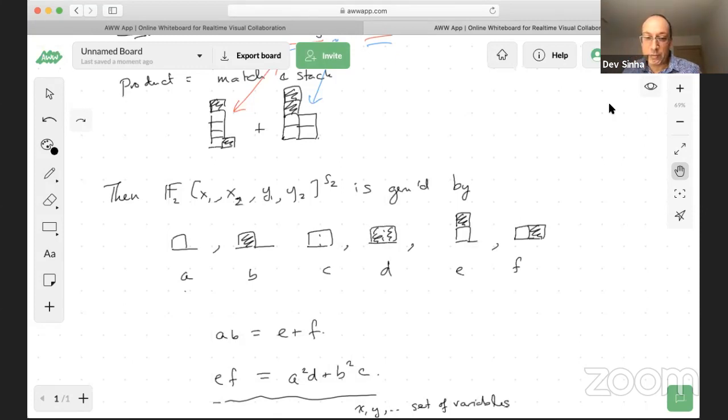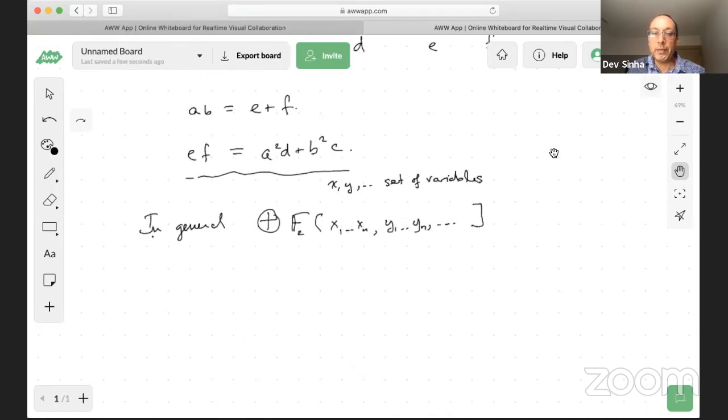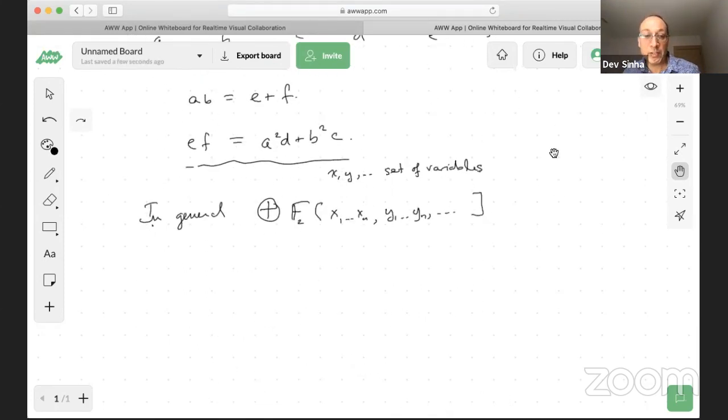Just easier to use this notation because the point is that I've got a fixed number of sets of variables. You can just think 2, and then I'm taking the direct sum over these.